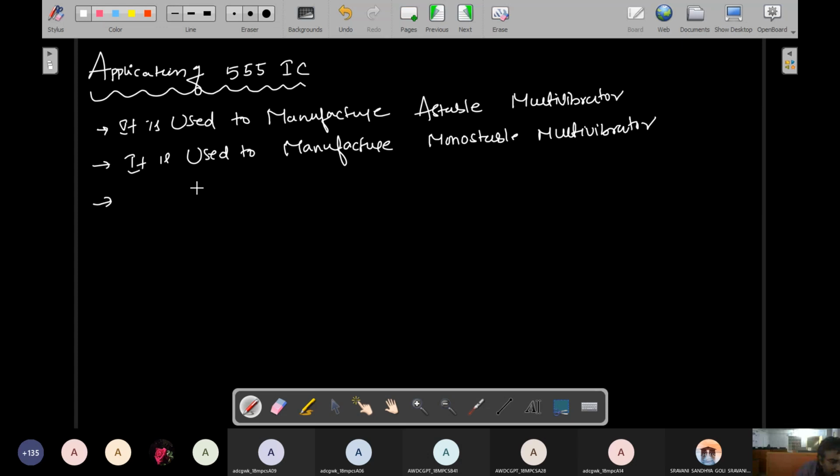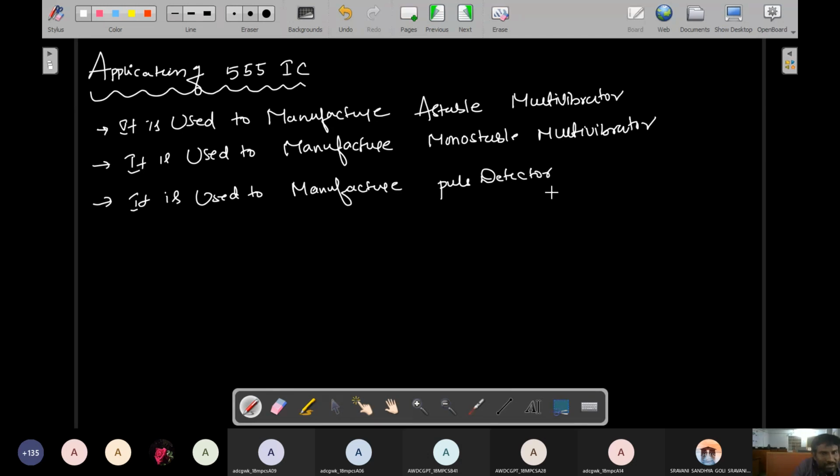And the third application is that it is used to manufacture pulse detectors. Nowadays the pulse detector is a very useful instrument.